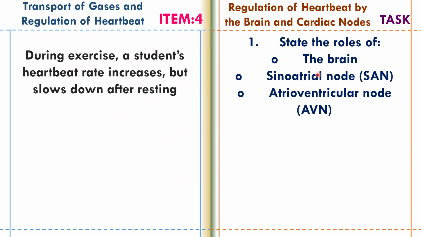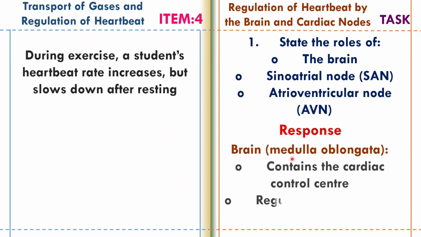State the roles of the brain, sinoatrial node and atrioventricular node. The brain, or medulla oblongata, contains the cardiac control center and regulates heartbeat via autonomic nerves.